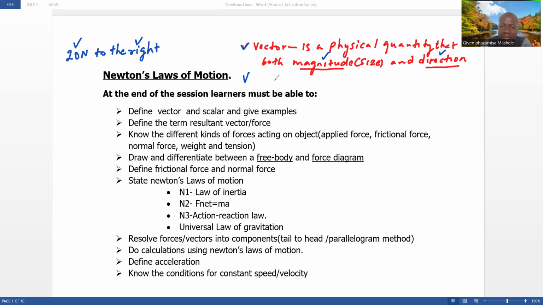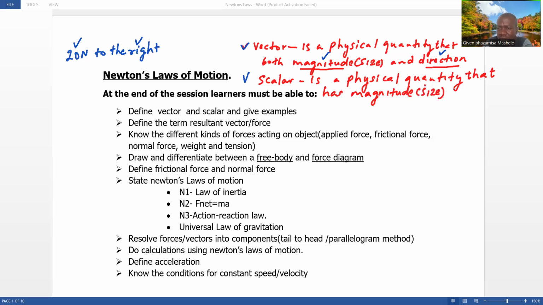A scalar is a physical quantity that has magnitude only, or a size only. So a physical quantity that has magnitude only, or a size, is called a scalar.